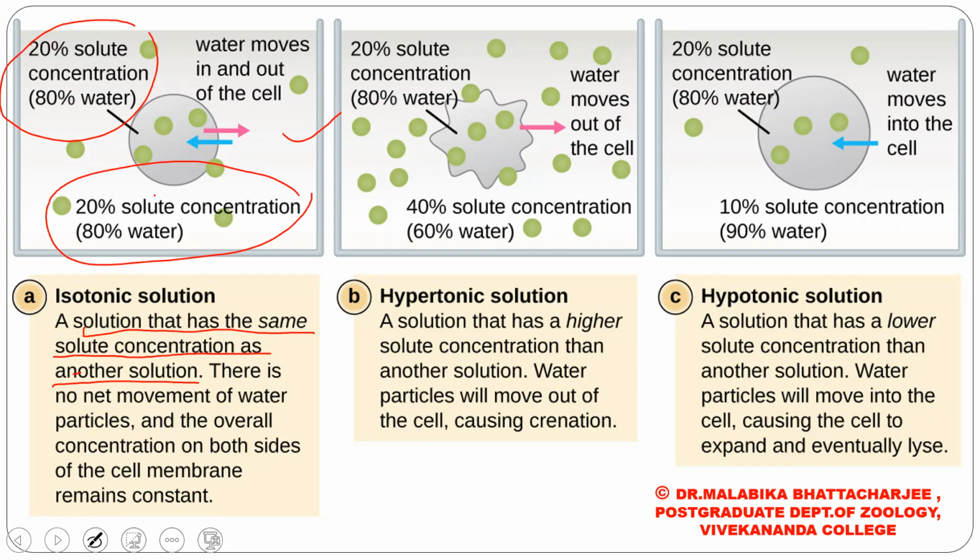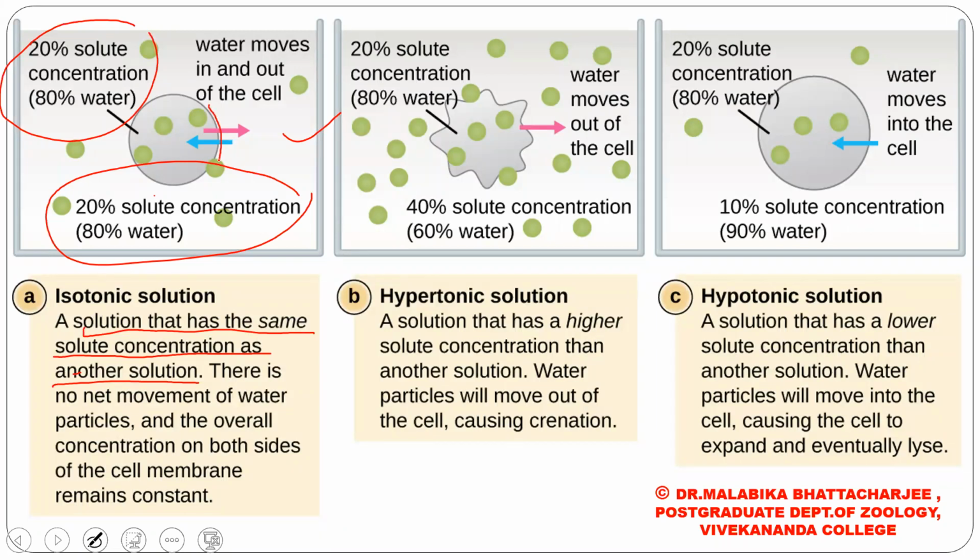So within the cytoplasm, the total concentration of the solute is 20% and the remaining 80% is water. Assume it to be a hypothetical condition. And on the exterior environment also, we are having 20% of solute concentration and the remaining 80% is water. In such a scenario, since this is the cell, there is a membrane.